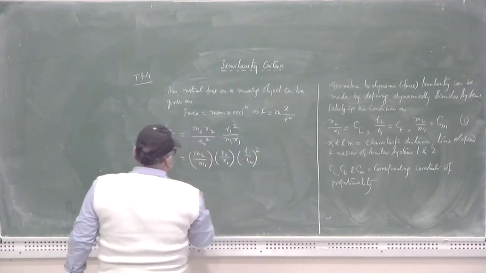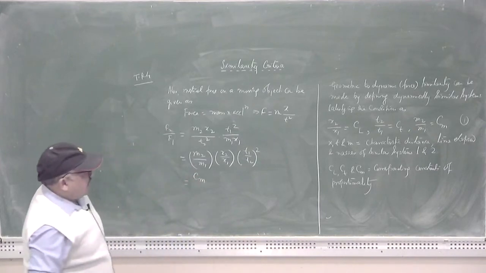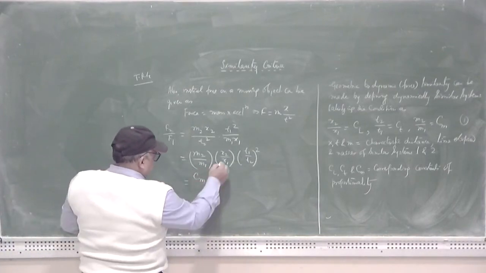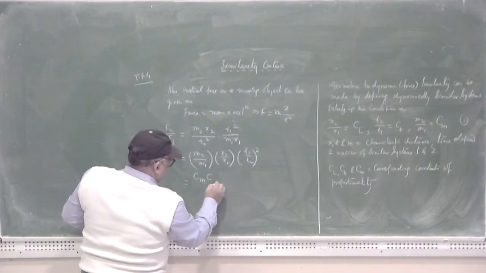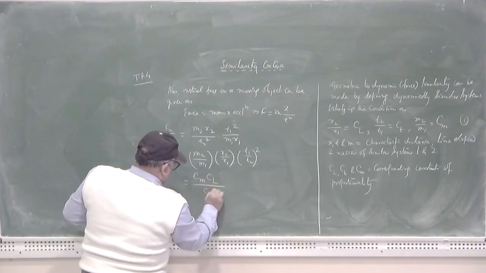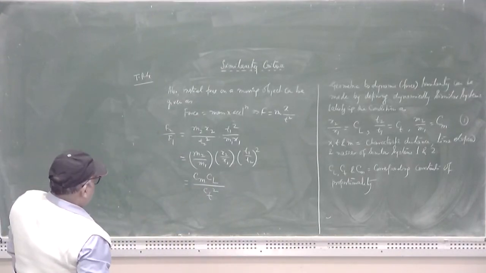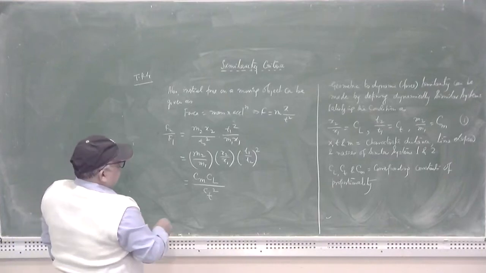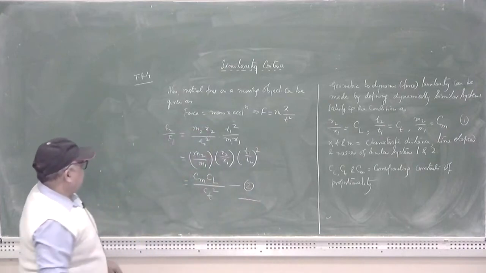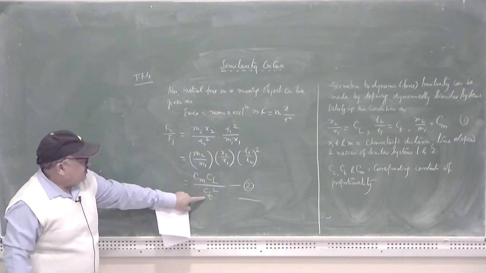Taking the help of equation number 1, this may be written as the proportionality constant for the mass Cm, the proportionality constant for the characteristic distance Cl divided by the proportionality constant for the time elapsed. So, F2 by F1 equals Cm Cl divided by CT square.